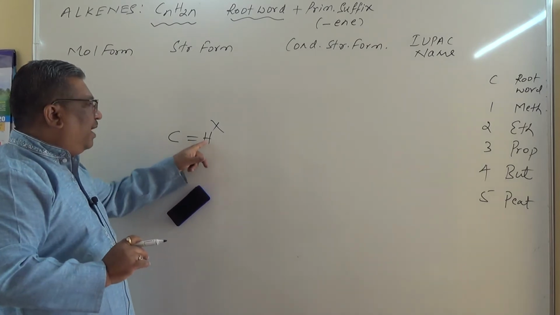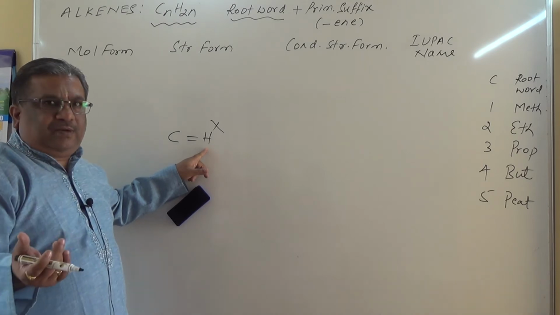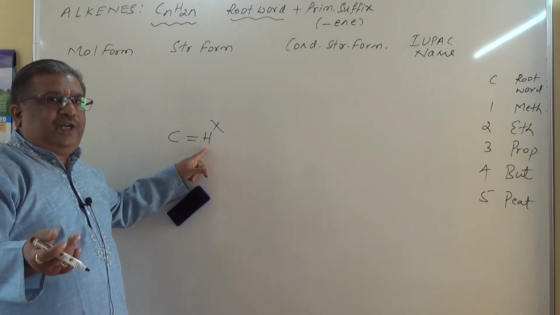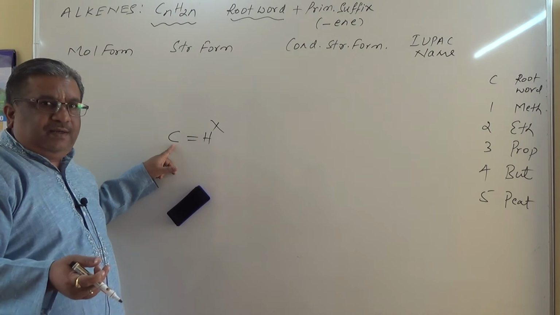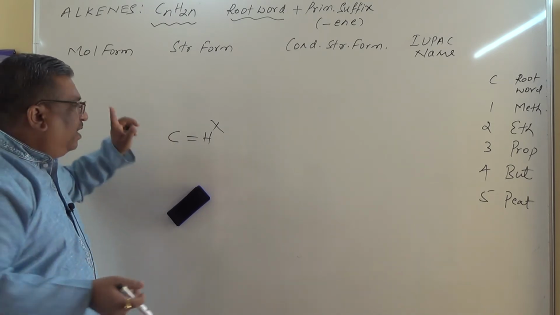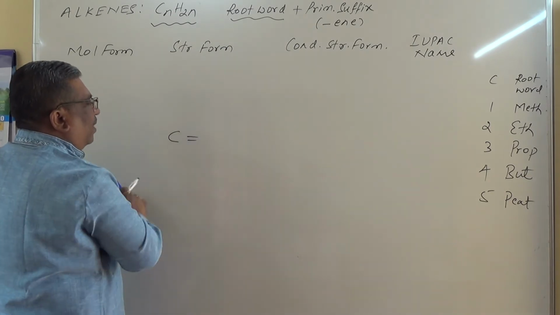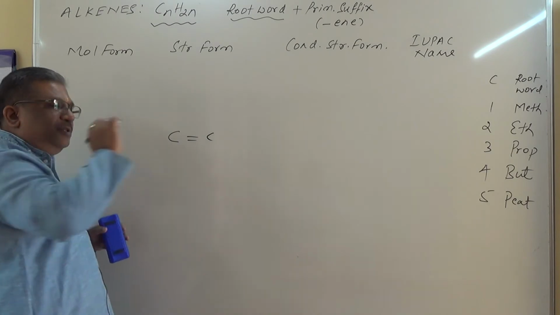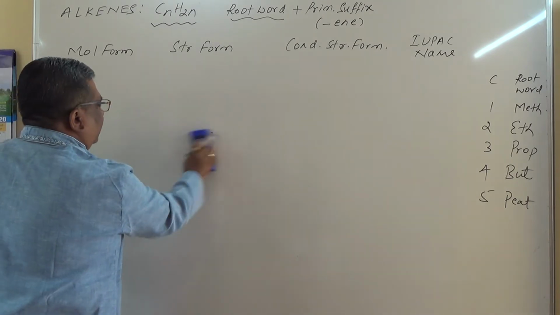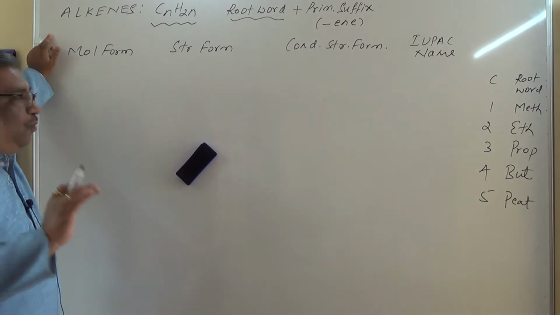Can you get one more hydrogen electron here? Not possible. Hydrogen has only one electron, and therefore it can share only one electron with carbon. Therefore, you cannot have a double bond between carbon and hydrogen. Now, in order to have a double bond, I must have one more carbon atom. That is possible, and therefore the naming for alkenes starts with n equals 2.